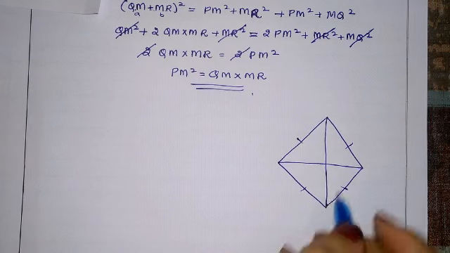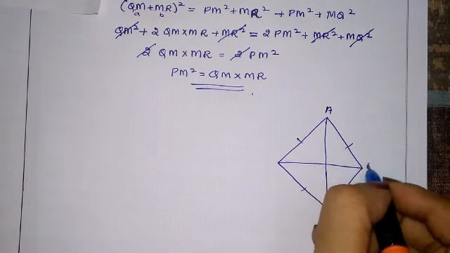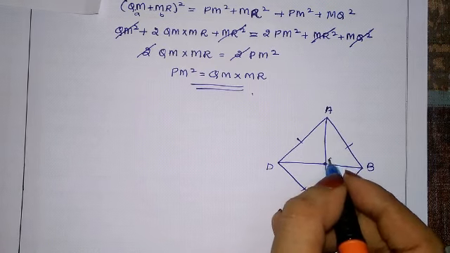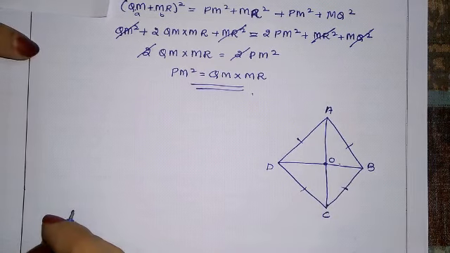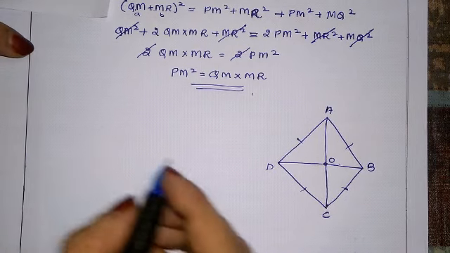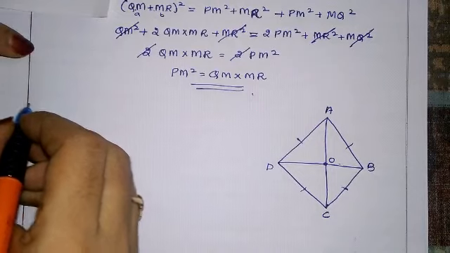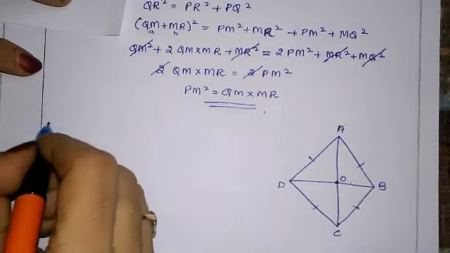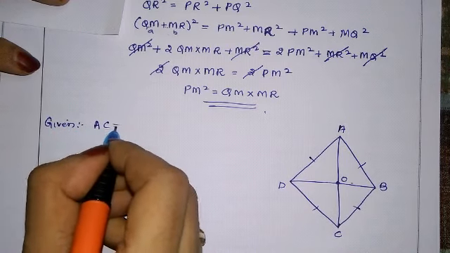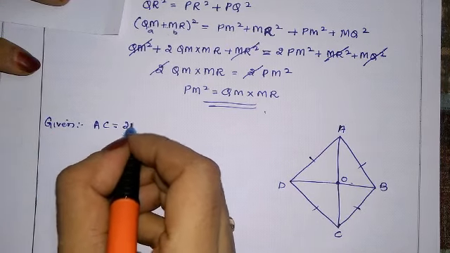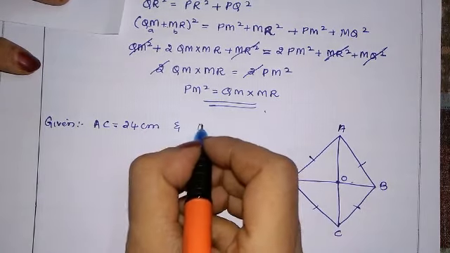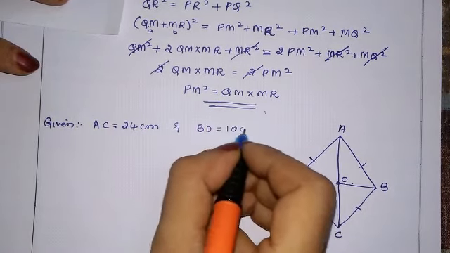Okay, A, B, C, D, and this is O. Now here they have given the diagonals. Given AC is equal to 24 centimeter and BD is equal to 10 centimeter.